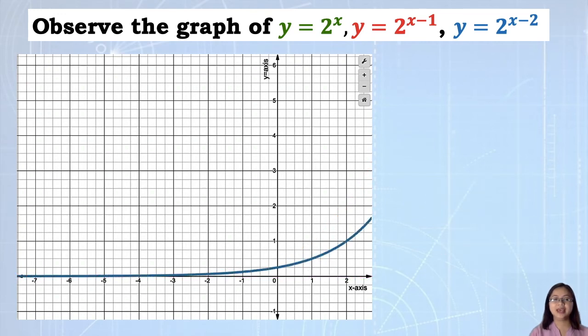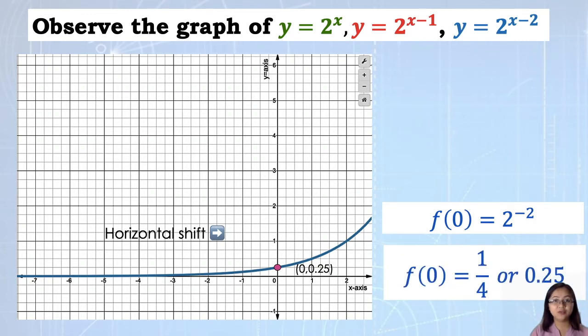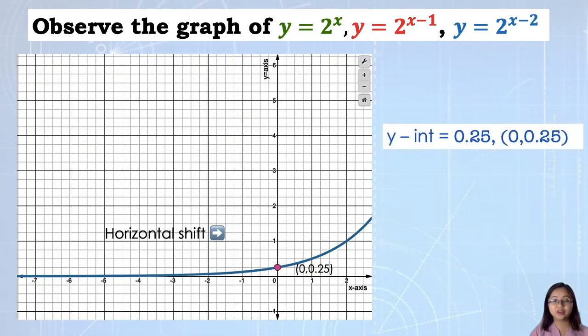Next, let's have this graph. y is equal to 2 raised to x minus 2. In that case, there is again a horizontal shift and our y-intercept is at 0, 0.25. If we substitute 0 to our x, we get 2 to the negative 2, and we get f of 0 is equal to 1/4.